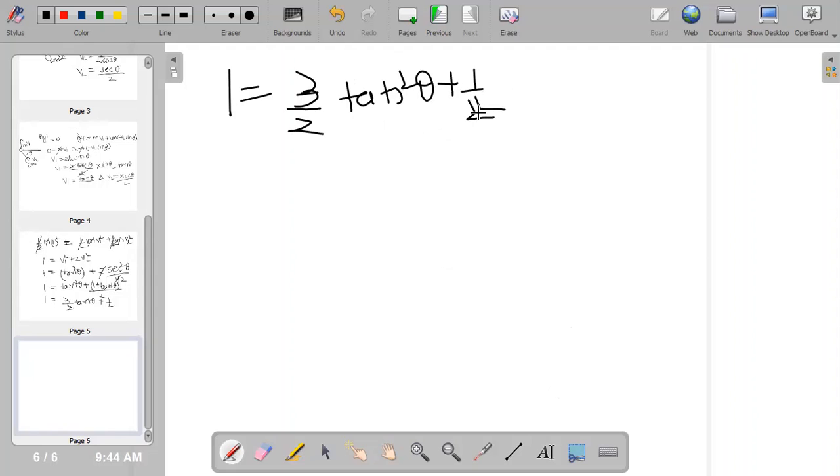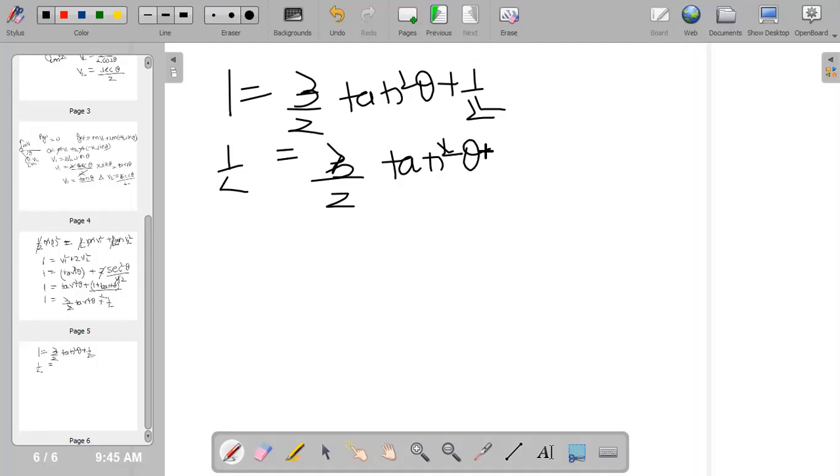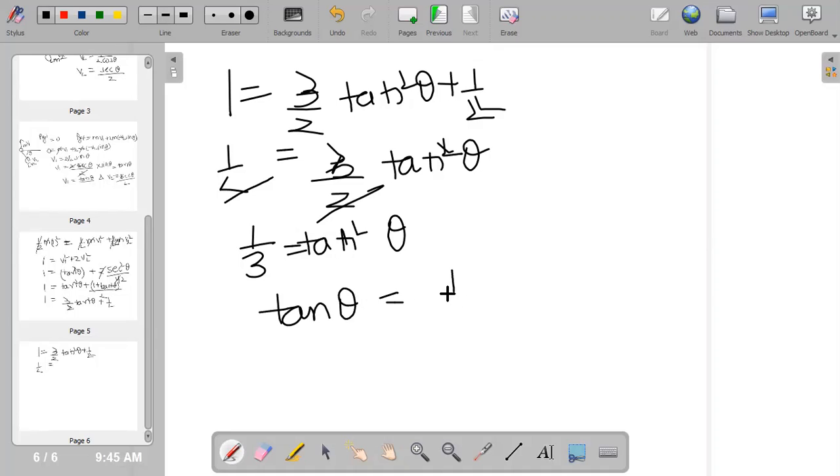If I take this 1 by 2 to that side, this will become 1 by 2 equals 3 by 2 tan square theta. 2 cancels, we'll have 1 by 3 equals tan square theta. So tan theta will be equal to 1 by root 3, which means theta is equal to 30 degrees. The correct answer we'll have is 30 degrees.